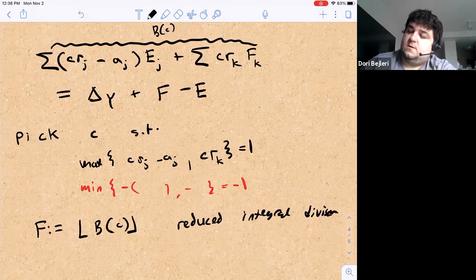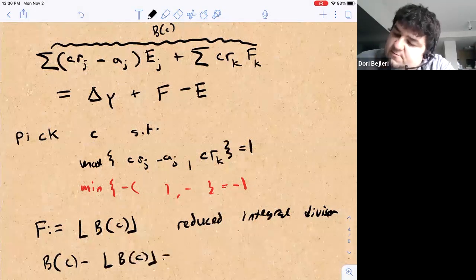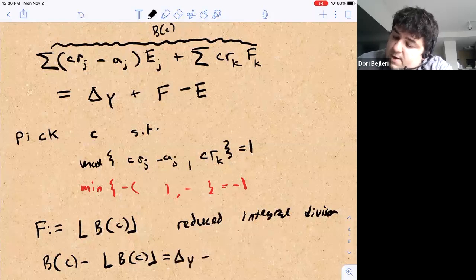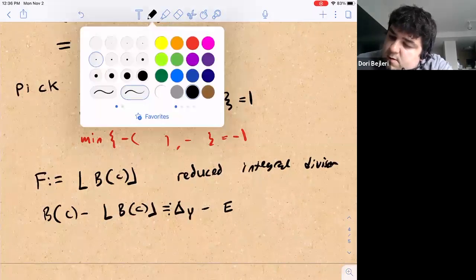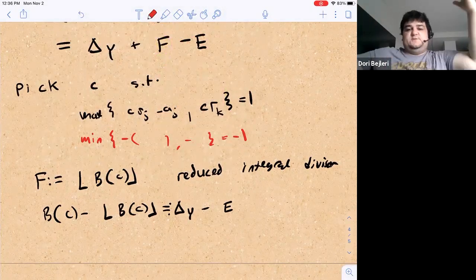And now what's left over? Well, whatever's left over, let's just write it as delta y minus e, where we've just split it up into the positive terms, the negative terms.